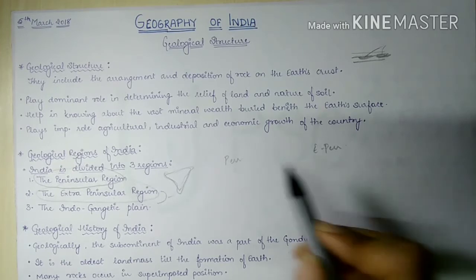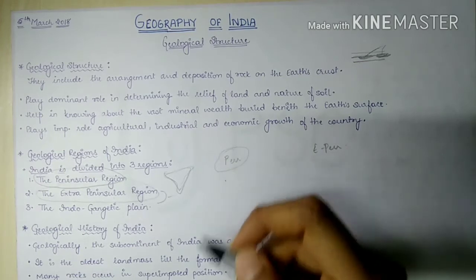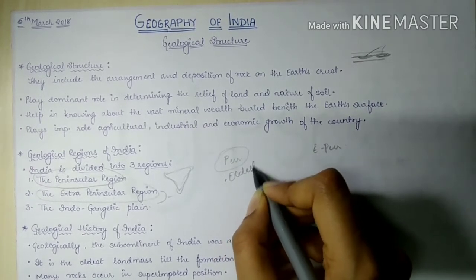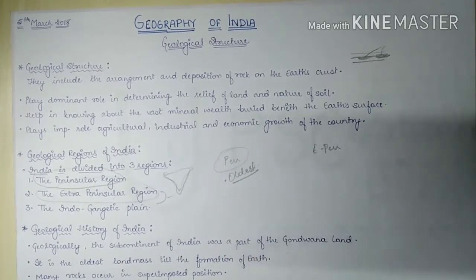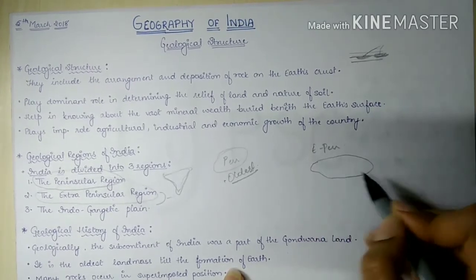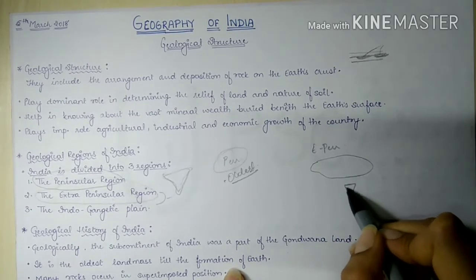The peninsular region is the oldest landmass of the earth. It is the Gondwana land, which comprised our southern India. This was the Eurasian plate, and this was peninsular India, the Indian plate.